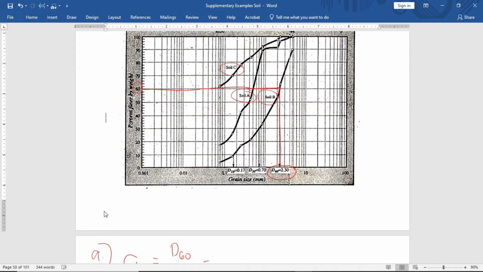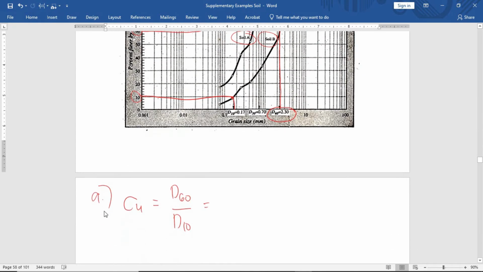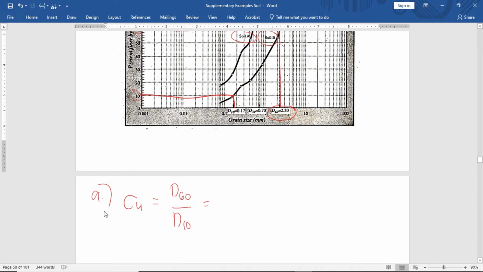So, D sub 60 natin is 2.3. How about naman D10 natin? D10 is the diameter corresponding to the 10% finer. Puntahan lang natin ang soil B. Ito, 0.17. As long as marunong tayo magbasa sa curve, madaling isusolve.